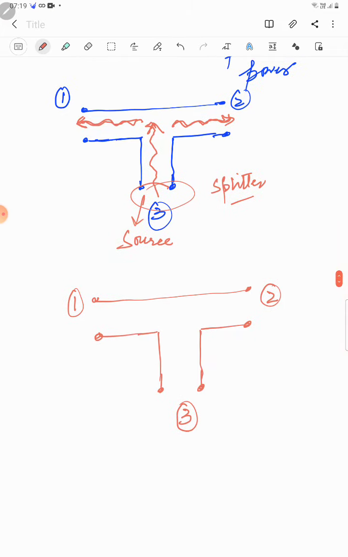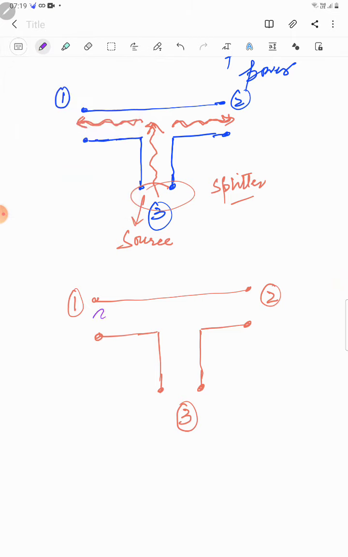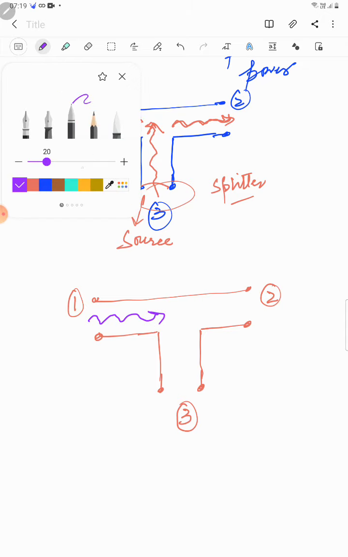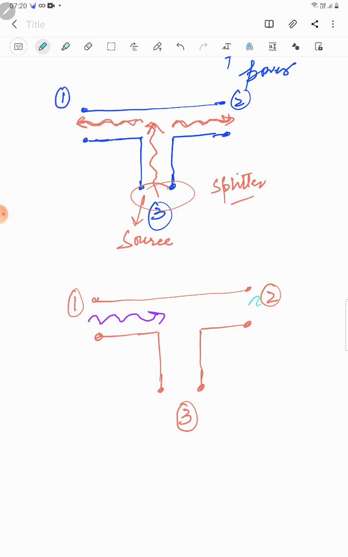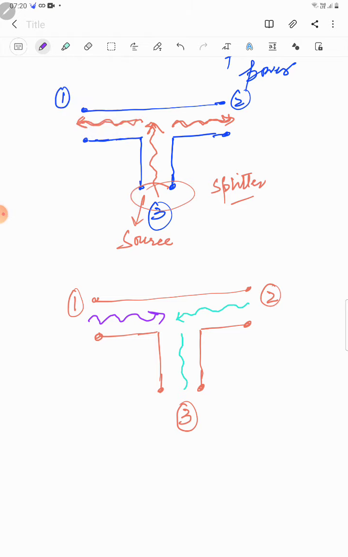Now if I connect a source at port 1 and another source at port 2, these two signals will add up, and the resultant signal will be the vector addition of these two signals.